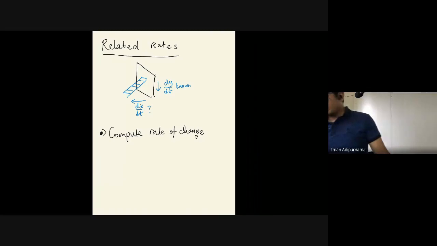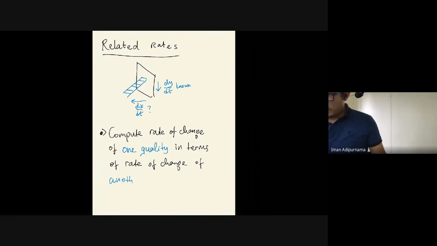So first, you compute a rate of change of one quantity in terms of the rate of change of another quantity.